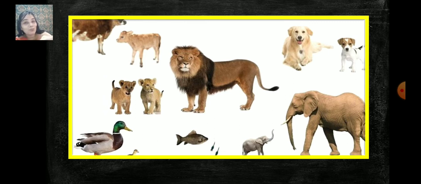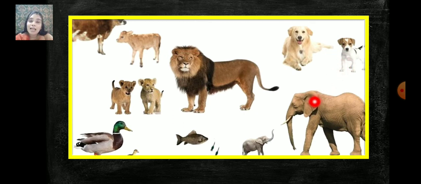You are also a baby, right? So how do you look? Yes, you look like your mother or your father, right? In the same way here also, the lion's baby is looking like a lion. The cow's baby is looking like a cow. The dog's baby is looking like a dog.